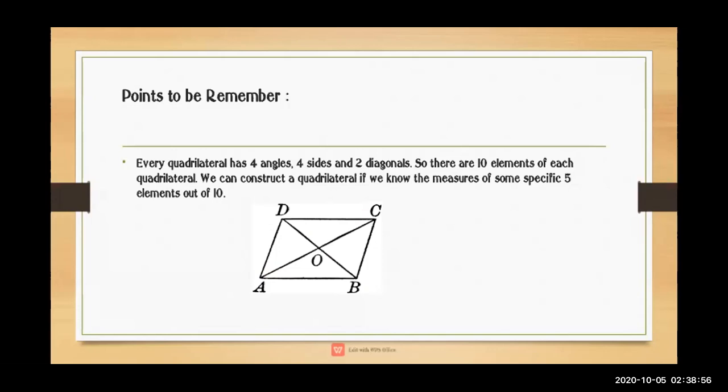That is 4 angles, 4 sides and 2 diagonals. I hope till here you have understood what is a quadrilateral, how many elements are there, and from how many elements we can draw a quadrilateral.